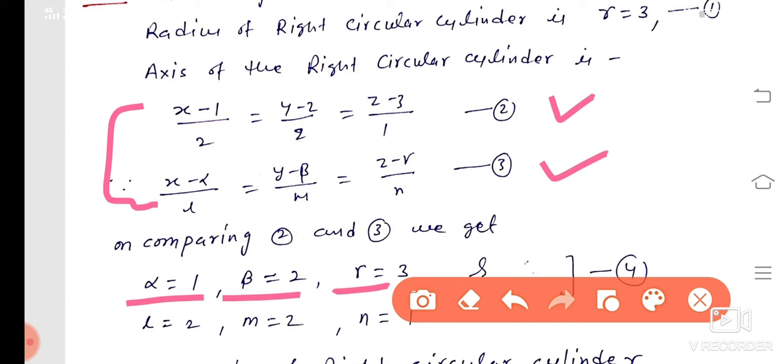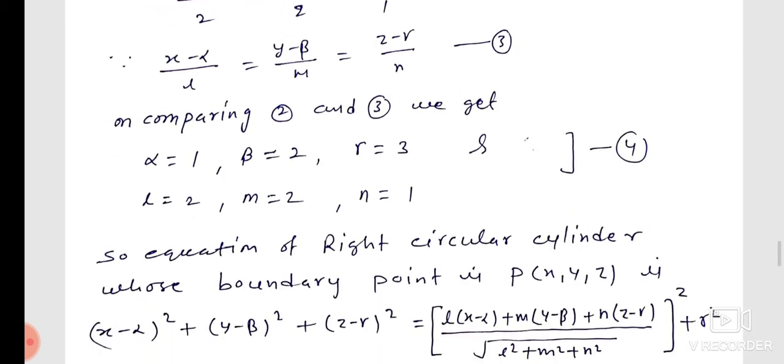And the direction ratios of the line of axis will be L equals 2, M equals 2, N equals 1. So we have the radius, we have alpha, beta, gamma, and we have L, M, N. Then we can easily write the equation of the right circular cylinder.